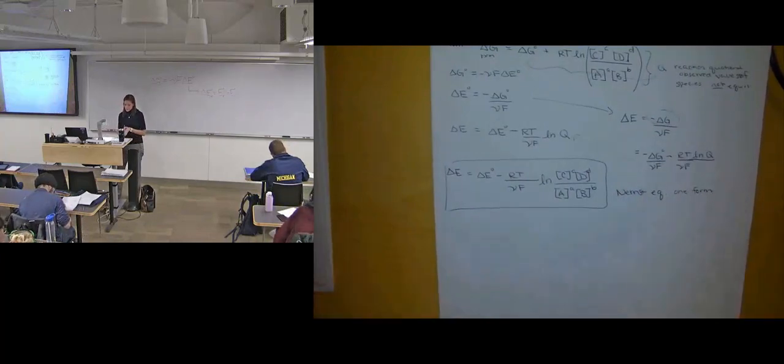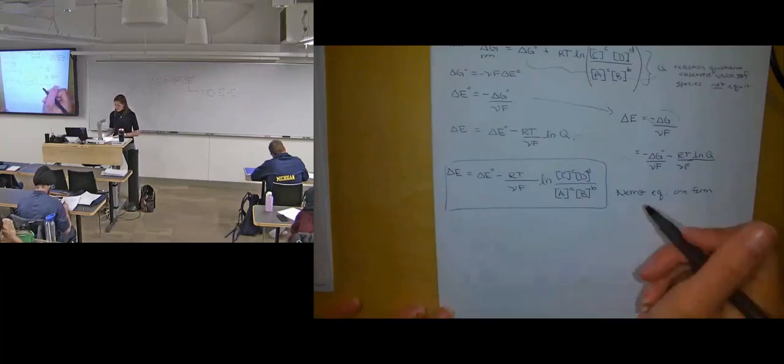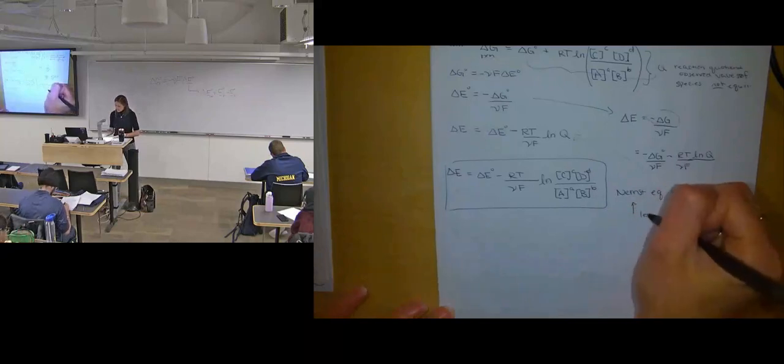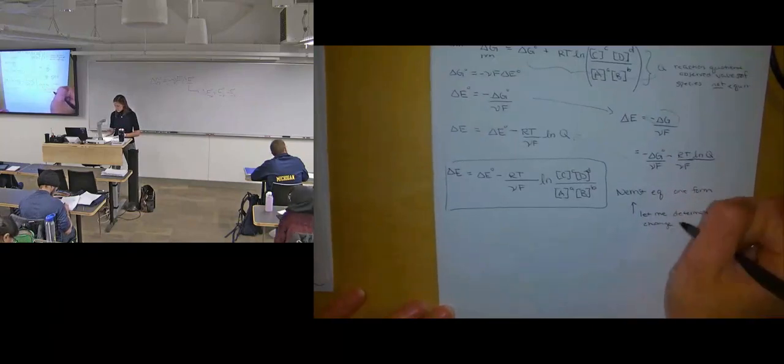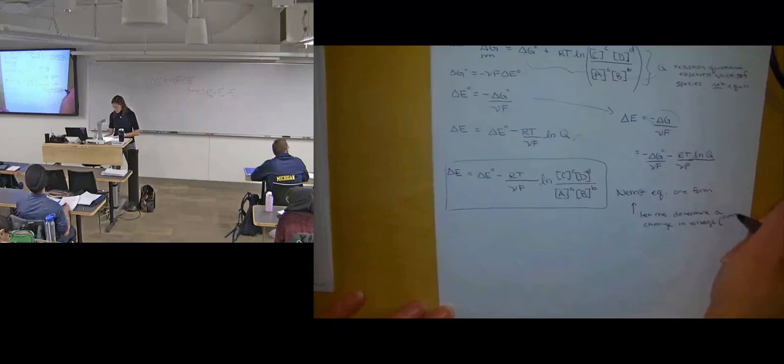And what it basically lets you do is it lets you determine a change in voltage or a change in potential difference of an electrochemical cell as the concentrations of the reacting species are changing, okay? So this is going to let me determine a change in voltage, which we said another word for that might just be the change in potential difference.